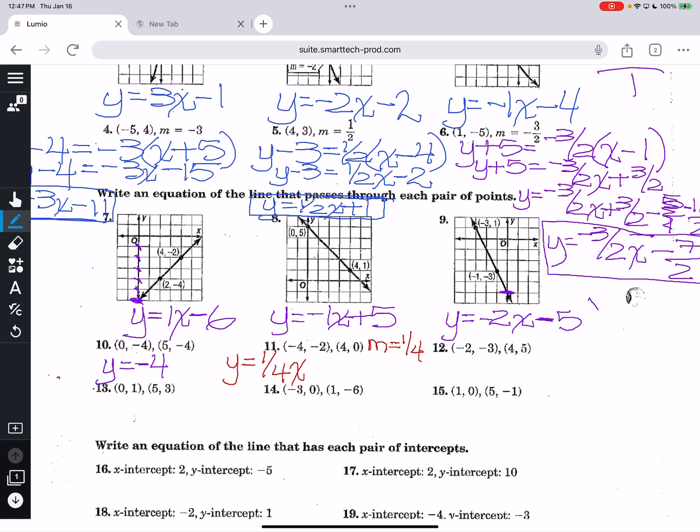Y. But what? Not negative 2. If it says it's... so this would be... it would still be 1.